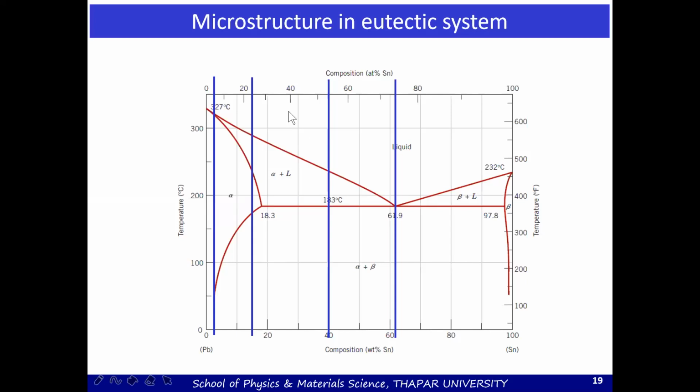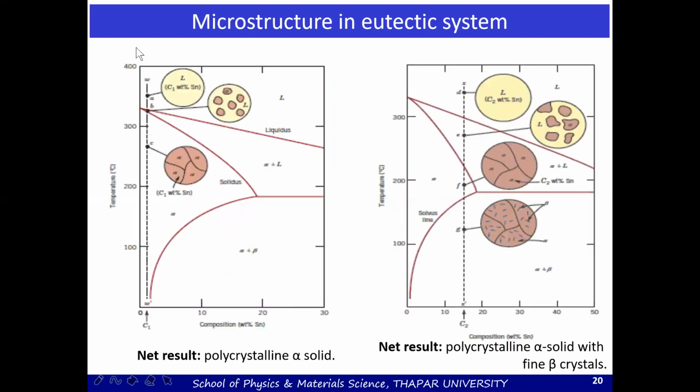Let us first focus on the evolution of the microstructure along the first blue line, which is the leftmost line. I'm moving to the next slide, where I have shown only the part of the phase diagram through which that blue line is passing. Let us look at the different changes that the sample undergoes during cooling.